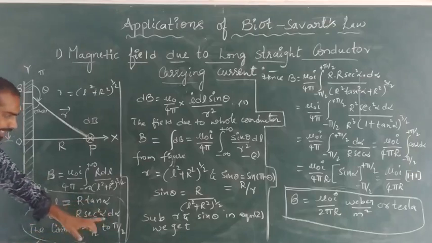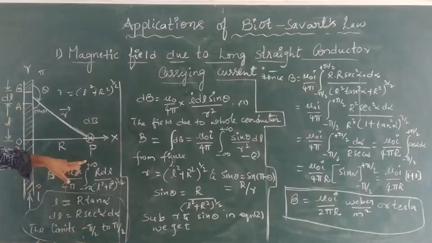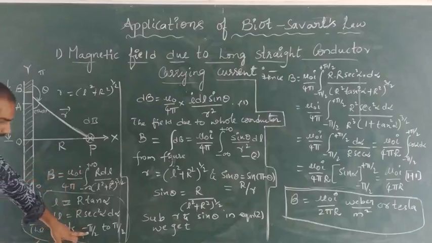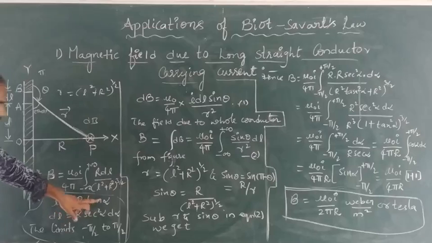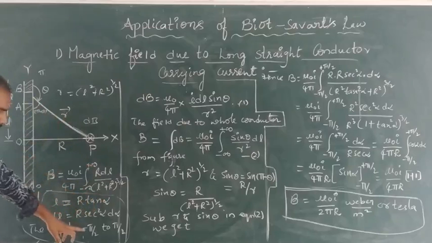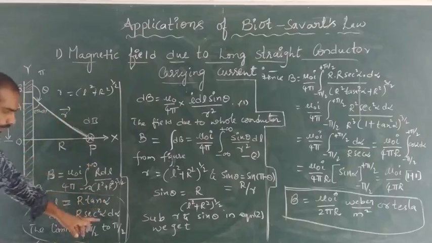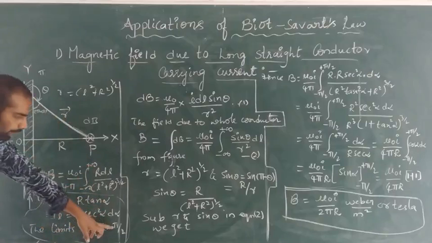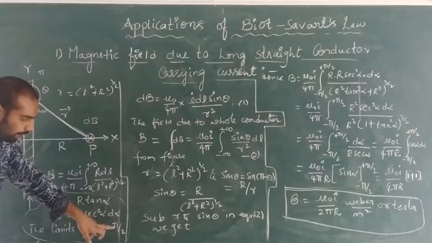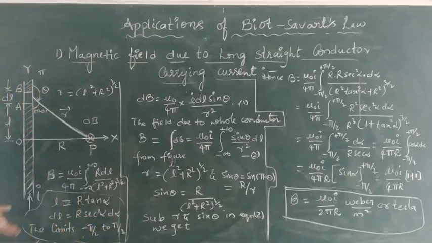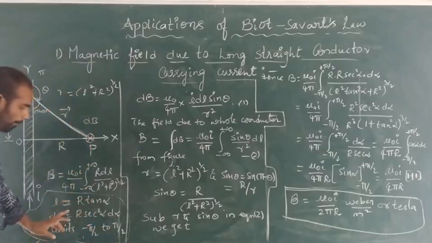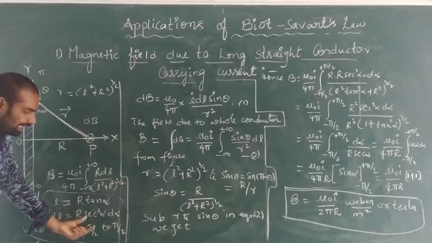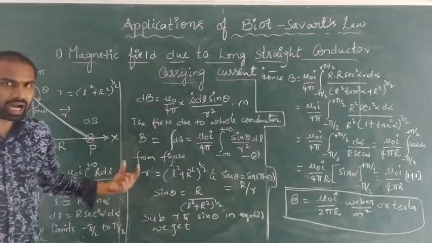Now the limits also change from minus infinity to plus infinity. The limits change from minus pi by 2 to plus pi by 2, because as alpha goes to minus pi by 2, tan alpha becomes minus infinity, and as alpha goes to pi by 2, tan alpha becomes infinity. So minus pi by 2 and plus pi by 2 are the new limits.